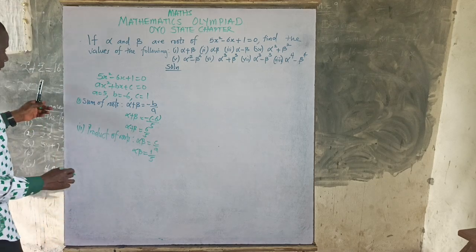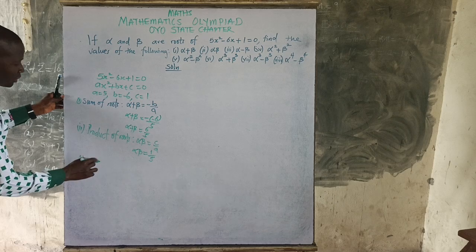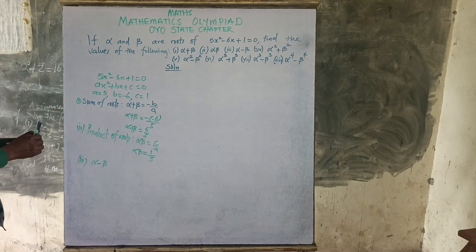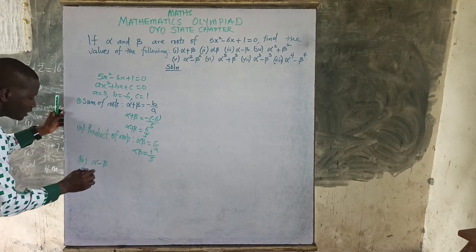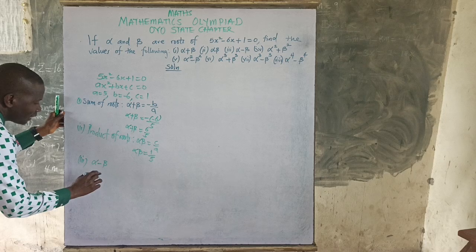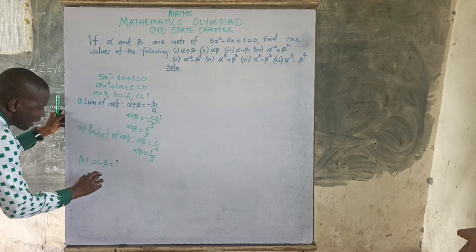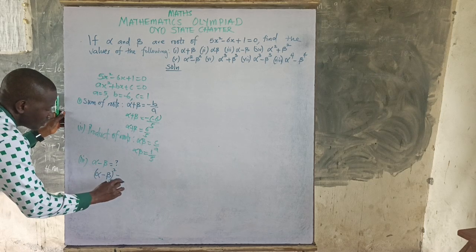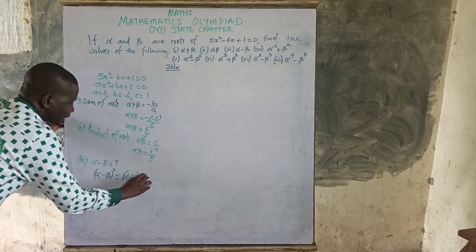Now part 3. How do we solve for the difference between the roots, alpha minus beta? To get this, we can evaluate alpha minus beta raised to power 2, that is, multiply alpha minus beta by alpha minus beta.